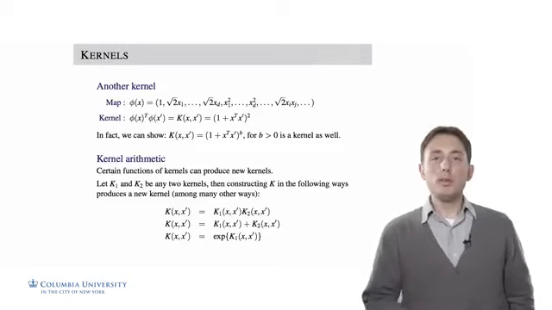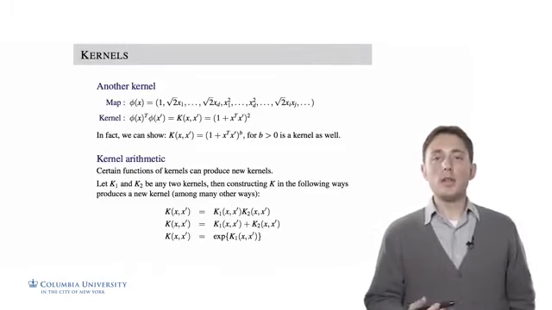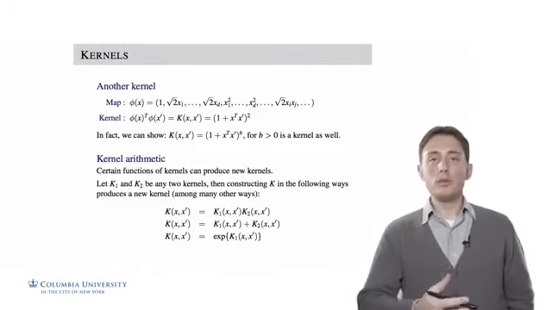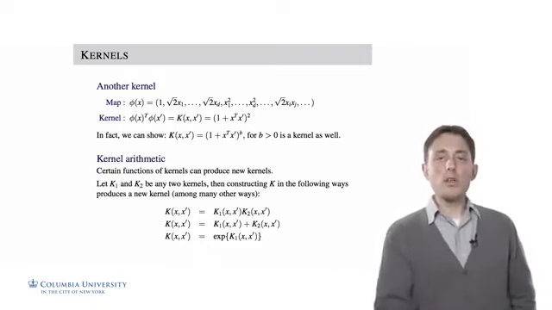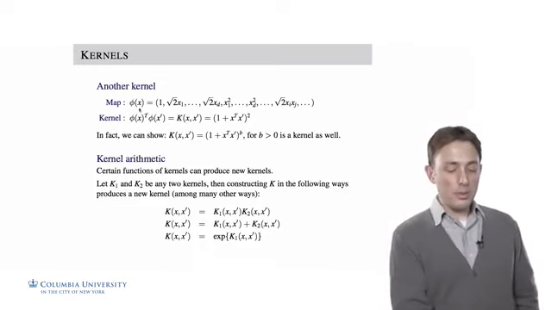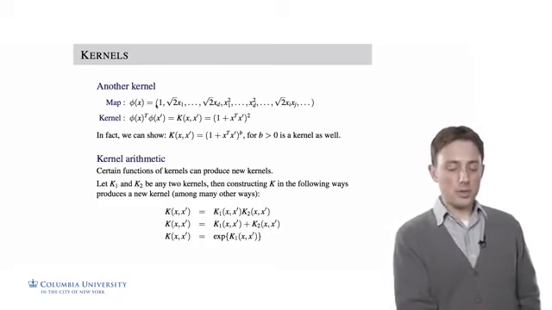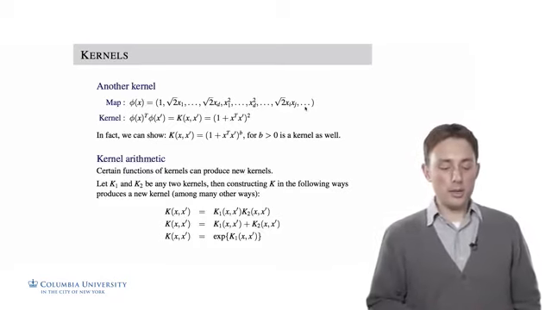Okay, so before we do this, just not to give the impression that kernels are equivalent to the radial basis function of the Gaussian kernel, there are other kernels. For example, a kernel could map an input, a vector x, like this. So you can pick out the pattern of what this mapping is.